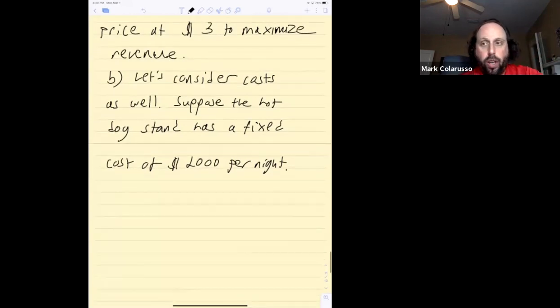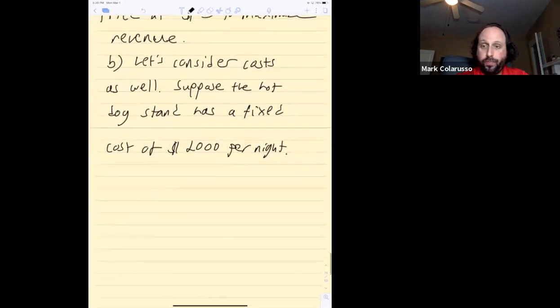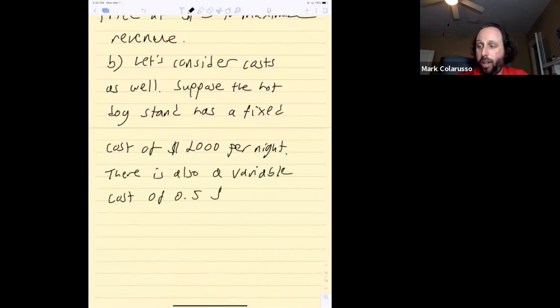But there's also a variable cost. The variable cost has to do with how many hot dogs you sell, right? Because you have to buy these hot dogs. They don't come from the sky. You go to Costco or whatever and buy all these hot dogs. So there's a cost involved in how many hot dogs you're selling, because that determines how many hot dogs you have to buy, right? So there's also a variable cost of 50 cents, so $0.5 per hot dog.